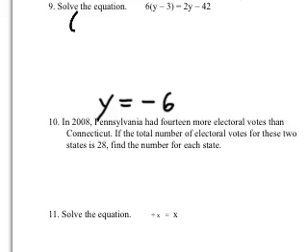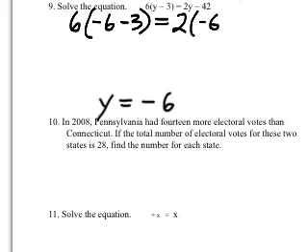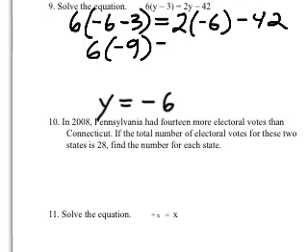Okay, so we'll substitute it in for the y. We've got 6 times, now we'll stick in our negative 6, minus 3, that equals 2 times negative 6 minus 42. Okay, so this becomes 6 times a negative 9 equals negative 12 minus 42.